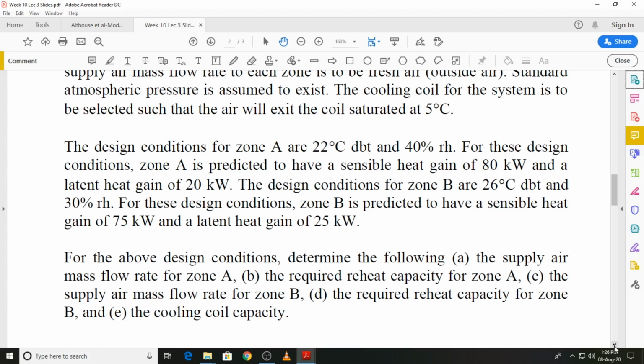We have discussed this type of system earlier, and I had also given you the psychrometric diagram of this cycle, and that is what we will start with. We will go back to that psychrometric diagram in which the terminal reheat cycle is sketched, and then try to see how we will proceed with the solution.